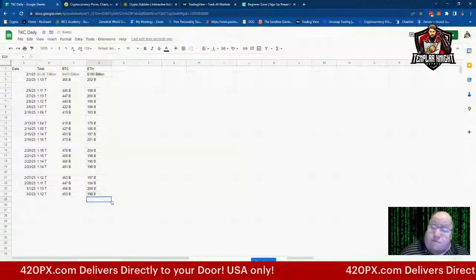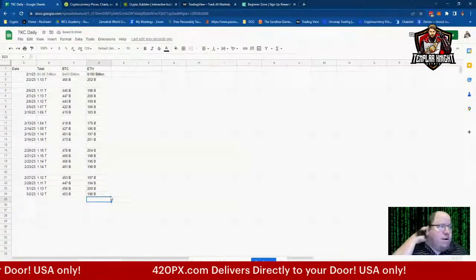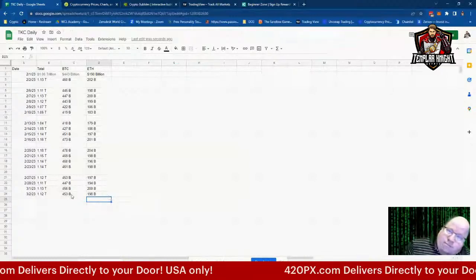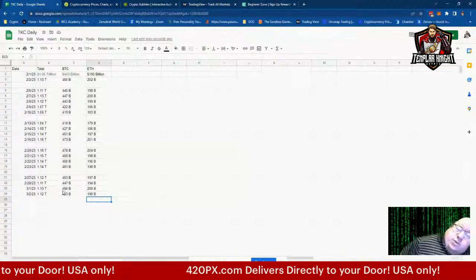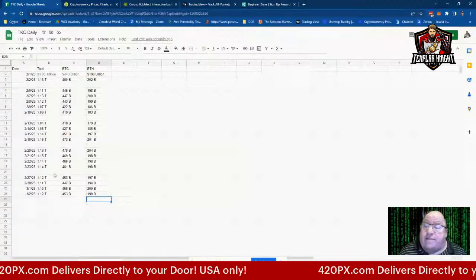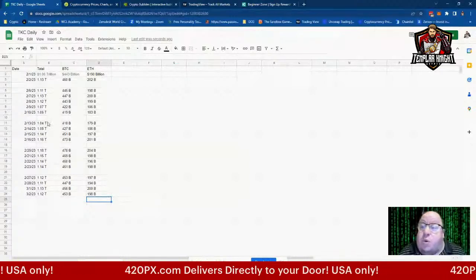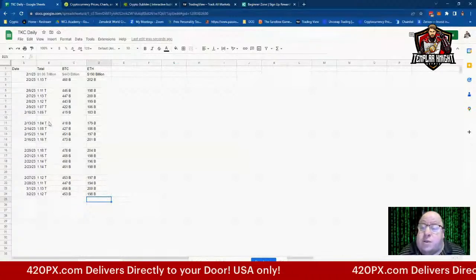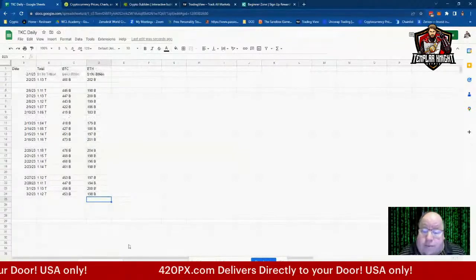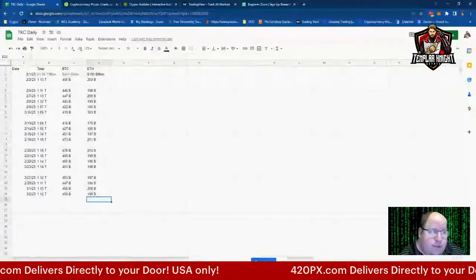We want to track volumes. Especially when we see volume going up over a period of days, we want to take advantage of those opportunities. When the volume's going down, when the money's going out, we want to be a little bit more cautious. So having a spreadsheet where you track different things is really important.